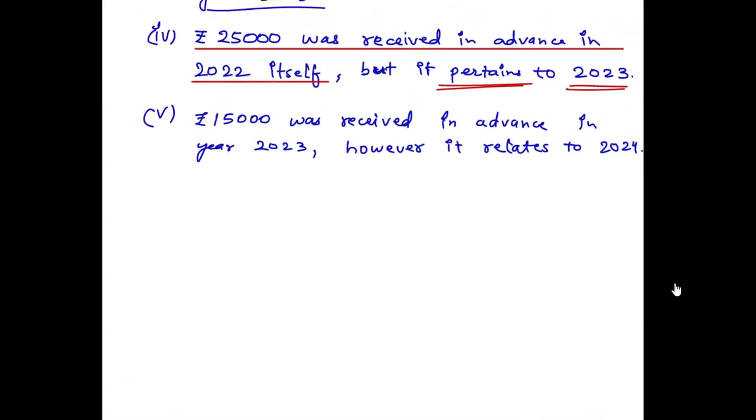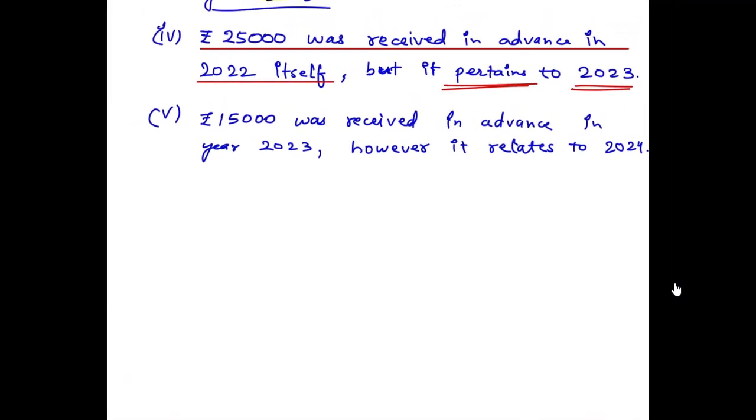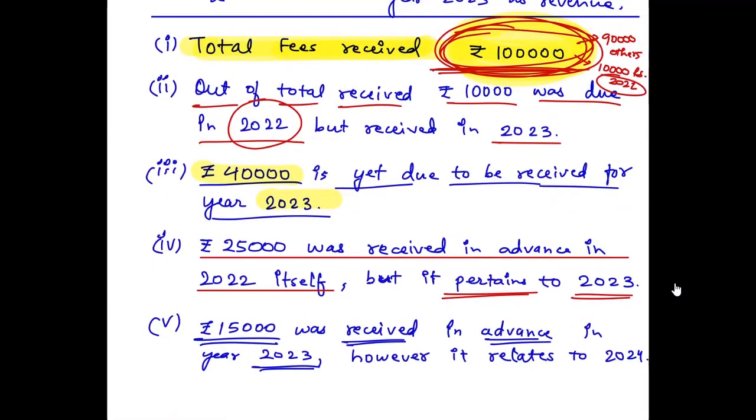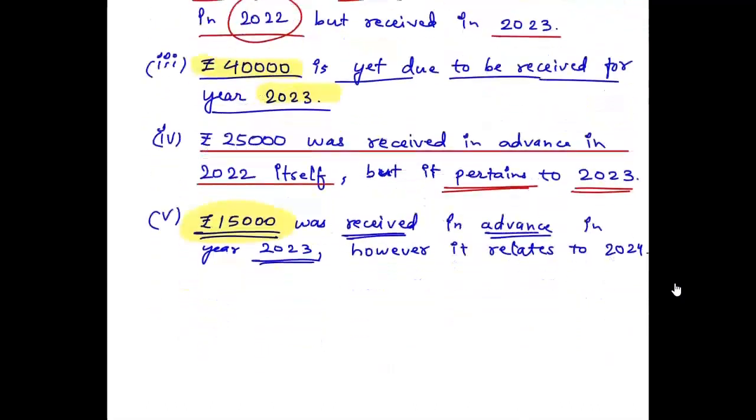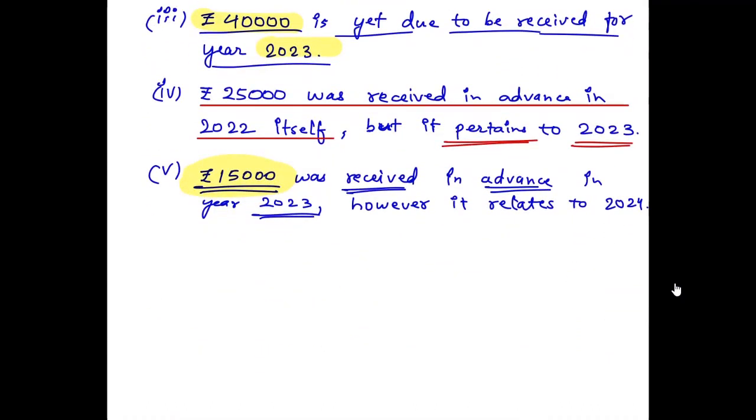And the last adjustment, I have received 15,000 in advance in 2023. That means this 15,000 is included in this calculation of 1 lakh. And they are saying it was received in advance in year 2023. However, it pertains to the next year, the following year, 2024.